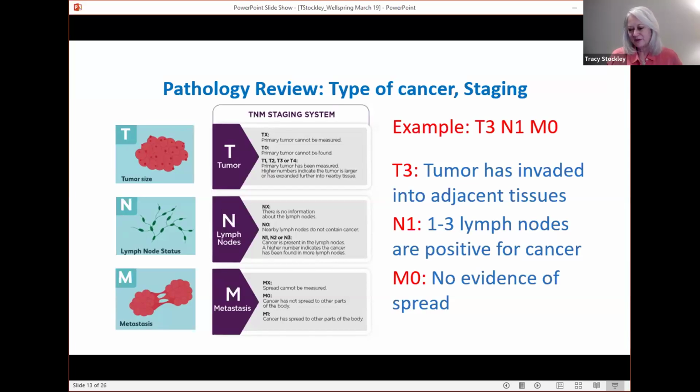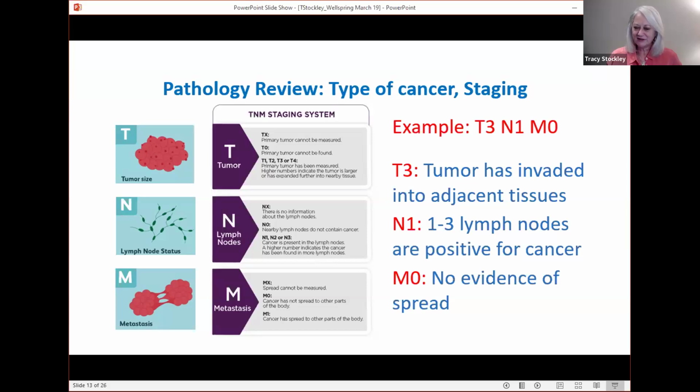It might say in there stage T3, the tumor has invaded into adjacent tissues. N1, 1 to 3 lymph nodes are positive for the cancer, and then M0, no evidence of spread.